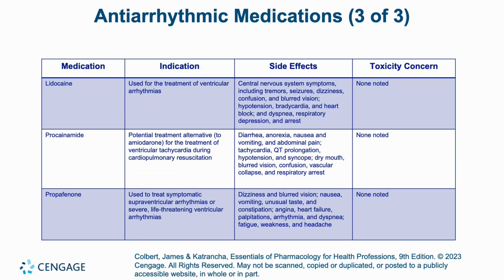Next we have lidocaine, which is an injectable medication. It is used for the treatment of ventricular arrhythmias. I want you to think about the ventricles as the primary way that blood flows to the body. On the left side of the heart, that ventricle is where blood pumps out systemically, to the body as a whole.